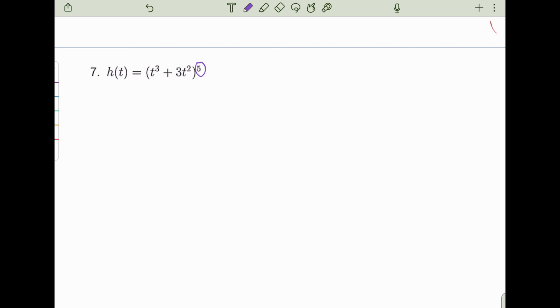So now we can decompose this h function into two separate functions: I will let h equal y to the 5, while y equals t to the 3 plus 3t squared.